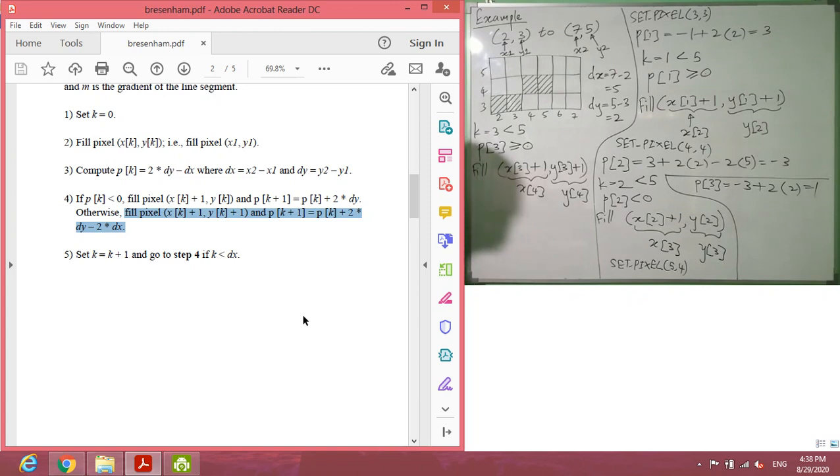Now you have to fill this. That means what is our set pixel?